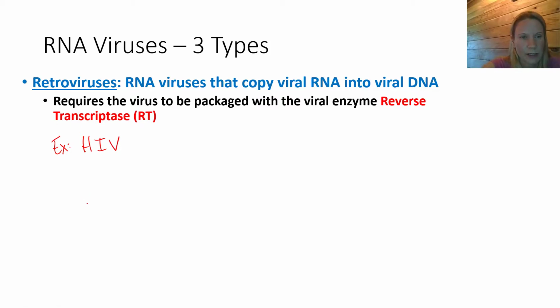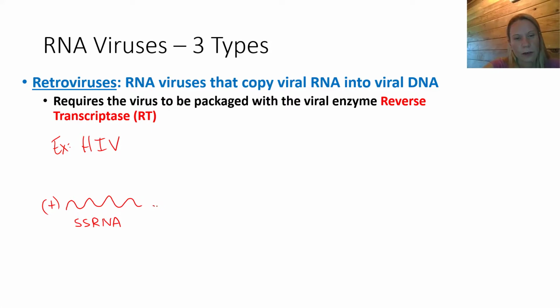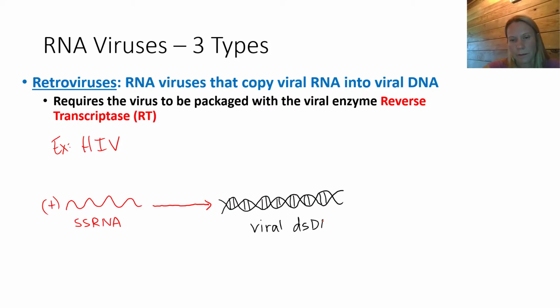So, for example, okay, so what happens is the HIV is actually a positive single-stranded RNA virus. But that positive single-stranded RNA virus, the first step in the life cycle of HIV is to then copy its viral RNA into DNA. It's viral double-stranded DNA. So it's copying from RNA into DNA.